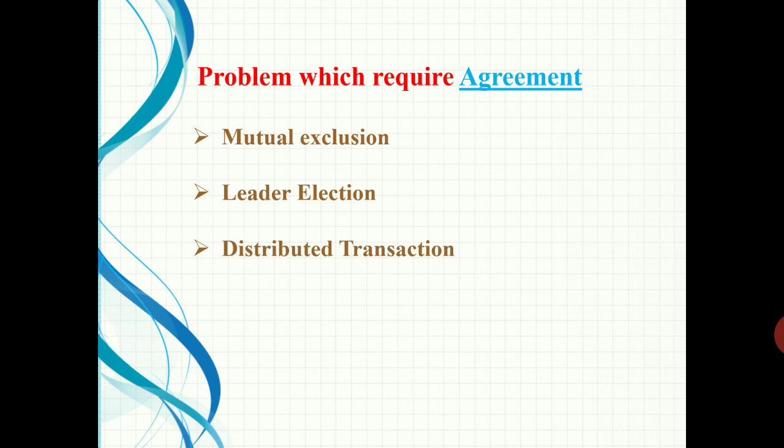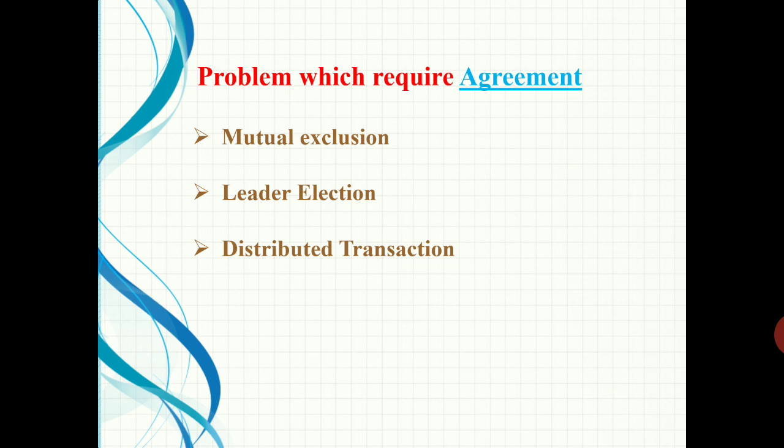When there are some faulty processes present in the distributed system, at that time we need to make sure that the performance of the distributed system is not affected. At that time we implement some agreement protocols so that the output of the distributed system is not incorrect and not affected in the case of failure also. That is the main goal.